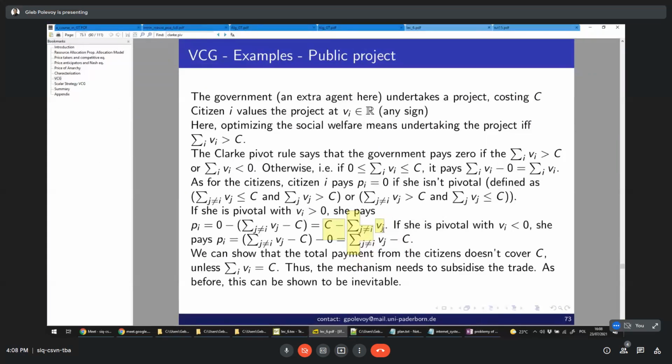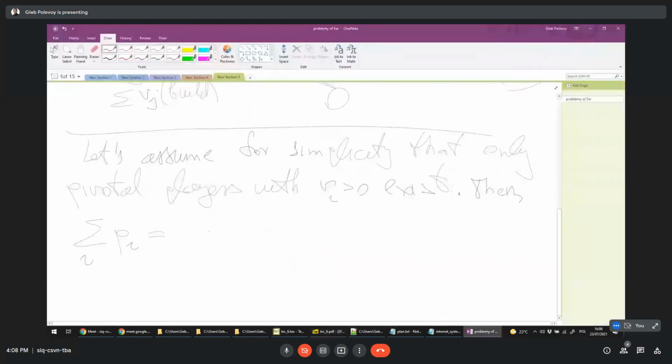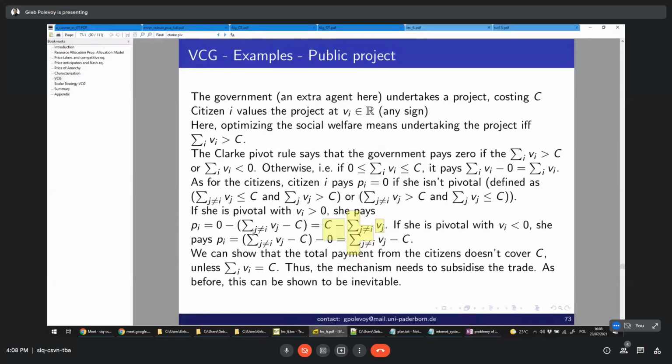The total number of such players, let's call it D. So if you sum, first of all, they all pay D times C. Then they all pay minus D times the sum of everyone besides themselves.